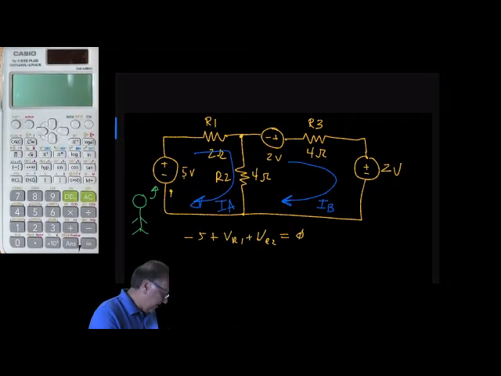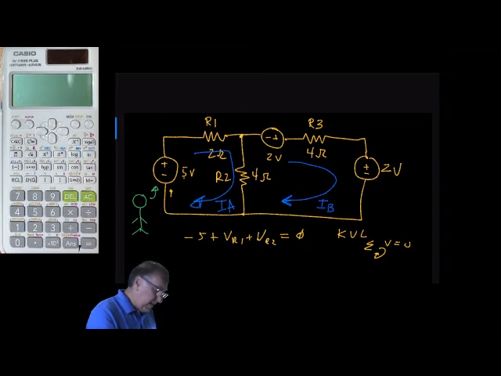And that's using our KVL law, again, where we say the sum of the voltages around the loop are equal to 0.